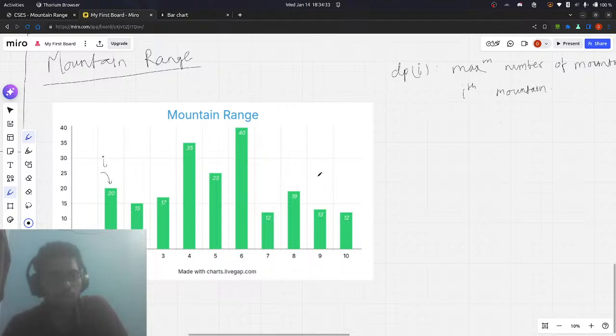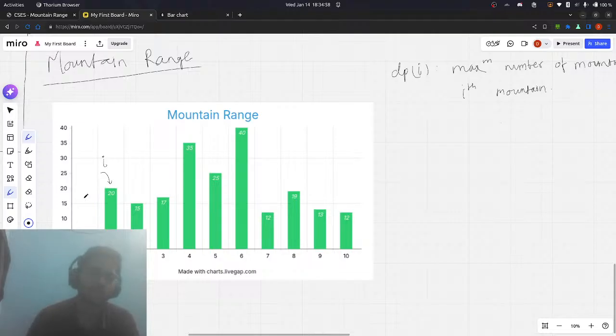If we start from 20 and then go to 15, 17, 35, or any other amount, we cannot go to 25, so there is that. Okay, so 0 is basically our base case.